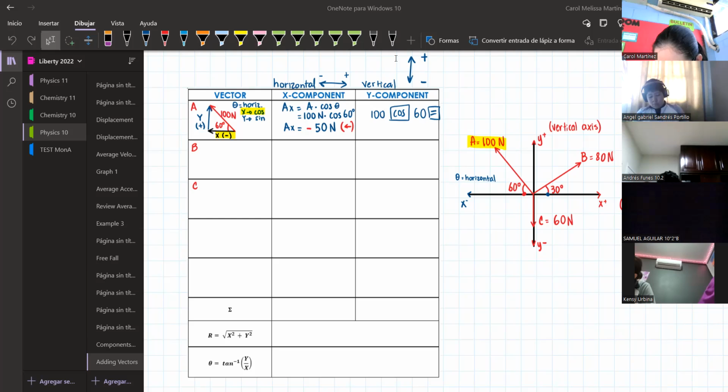Okay, to calculate the y component is the same formula, but using sine. And it is 100 Newton, sine of 60. How much is this?